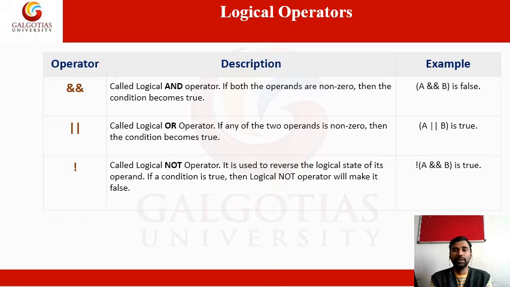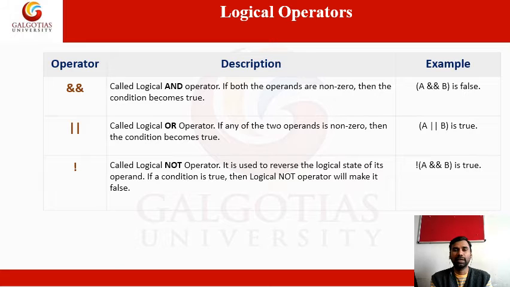Next one, look at this, the not operator. What does the not operator mean? If it is false, what happens? If it is not, true becomes false and false becomes true. Look at the first one, a and then b. A is 10, b is 20, so definitely it will be false only, as they are not equal.